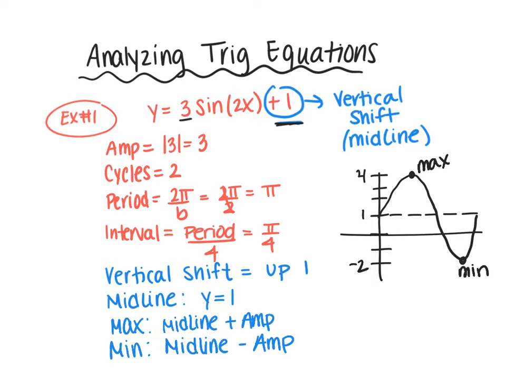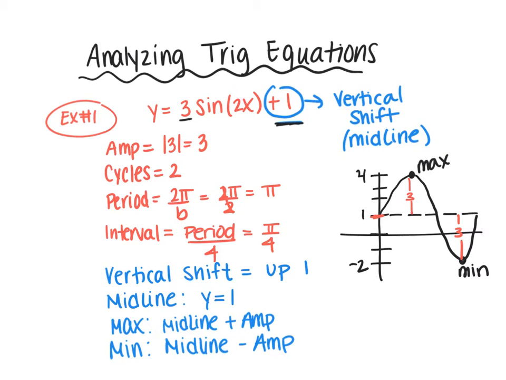I mean, look at your picture. If my midline is 1 and my amplitude is 3, then 1 plus 3 gives me 4. And the midline, 1, minus the amplitude, 3, gives me -2.